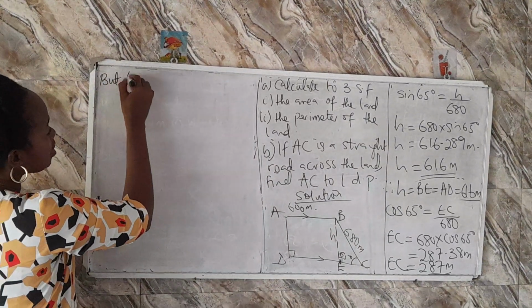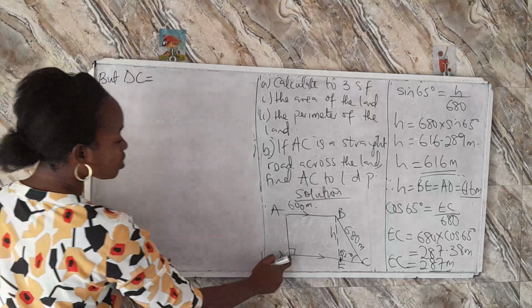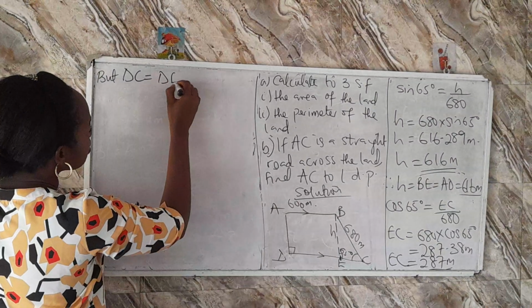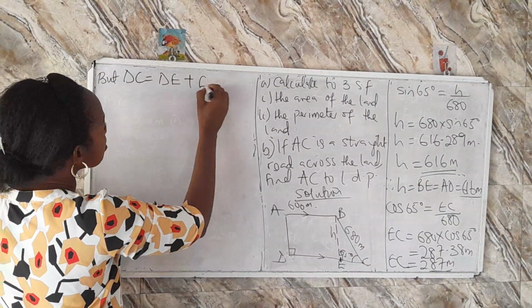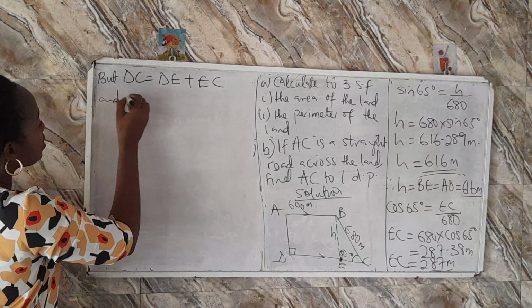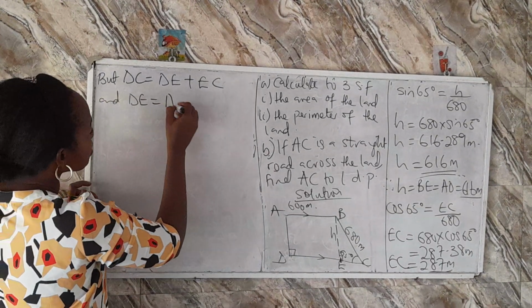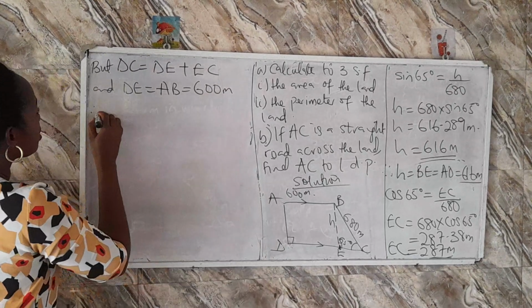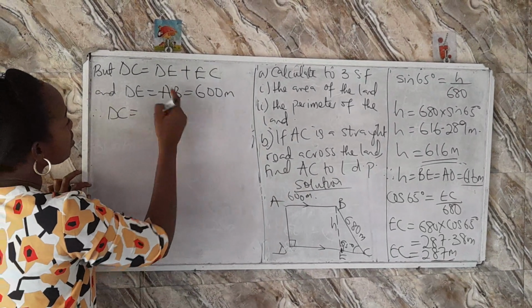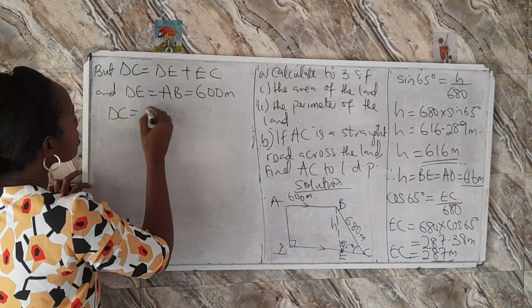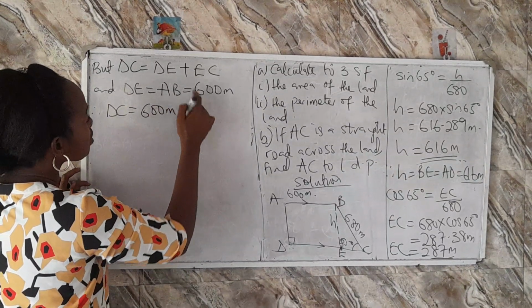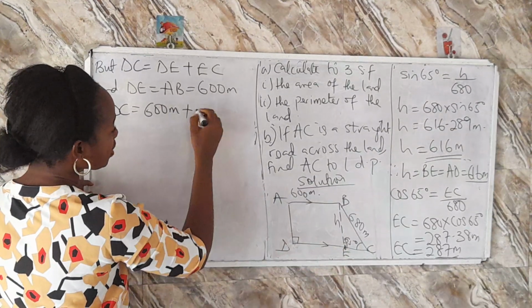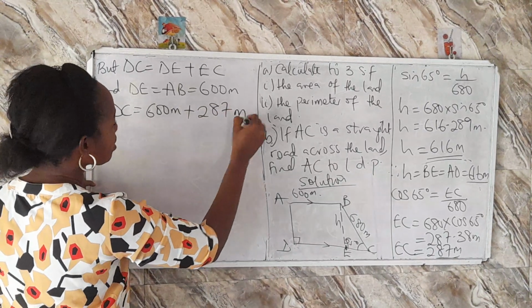But DC will give us DE plus EC, and DE is the same thing as AB, which is 600 meters. Therefore, substituting it here, DC will be 600 meters plus EC, and our EC is 287 meters.